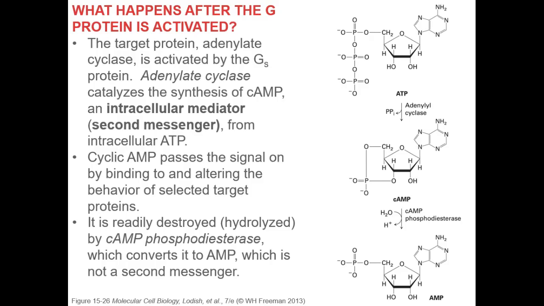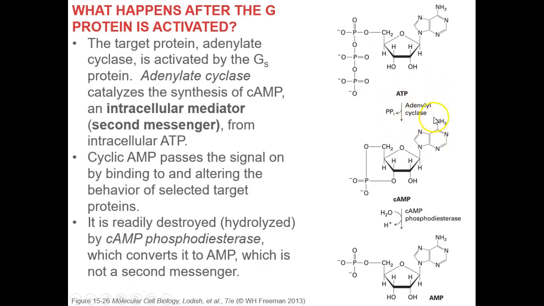So let's talk about adenylyl cyclase or adenylate cyclase. You find the two different names in the literature. Here's ATP, and adenylate cyclase catalyzes the formation of cyclic AMP. Cyclic AMP is the second messenger because the first messenger, the hormone, never gets inside. So we make the cyclic AMP, and the balance of these two enzymes will determine the concentration of cyclic AMP in the cell.